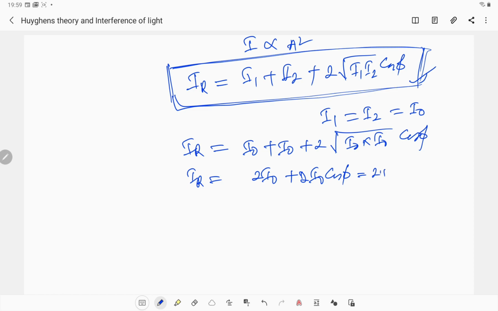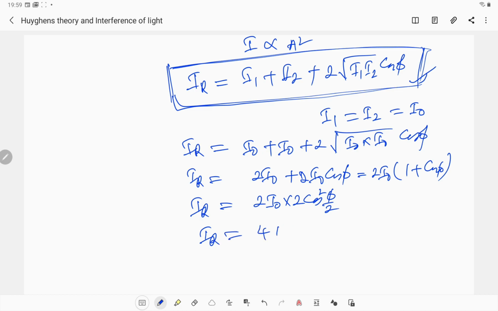This becomes 2 I0 common, therefore 1 plus cos phi. Therefore, I resultant is equal to 2 I0 into (1 plus cos phi), which is 2 cos square phi by 2. Therefore, I resultant is equal to 4 I0 cos square phi by 2.